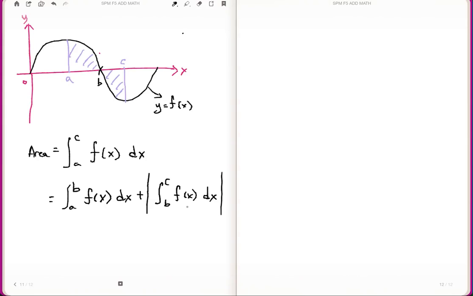Okay. So two things you learn here. One, if you want to integrate a to c, it is basically ab plus bc. First concept. Second concept, if it were to be negative y, then you need to include a modulus. Takes only the positive value.